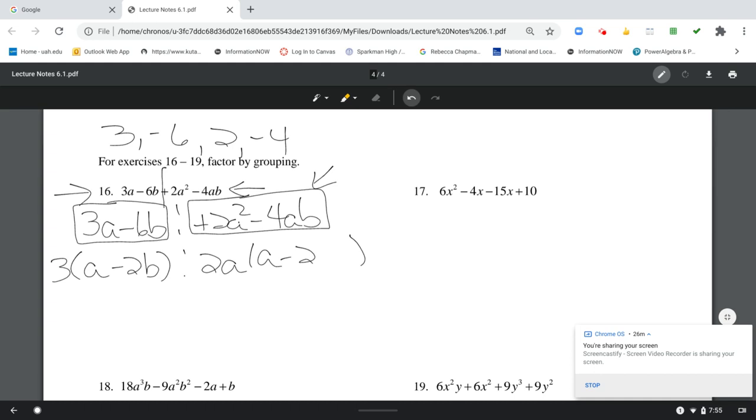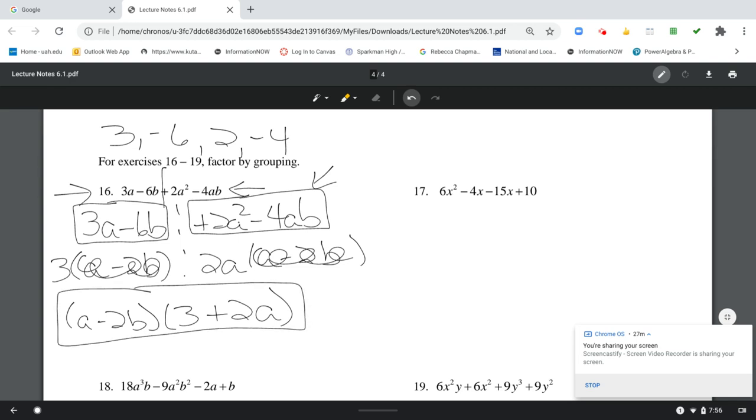Subtract the exponents, so the A's cancel and leaves me with B. Now, when I get to this point, if you notice, both groups are exactly the same. Both groups have a parentheses with an A minus 2B in them. So I'm going to pull out that A minus 2B. And then I'm going to write down exactly what I see, a 3A and a positive 2A. And that would be my final factor by grouping answer.